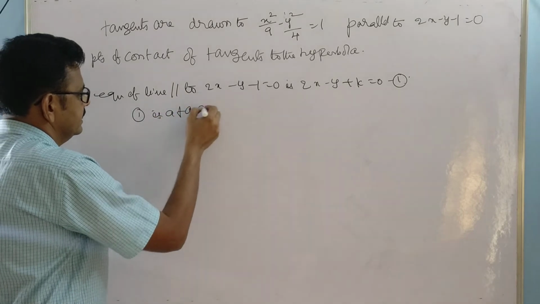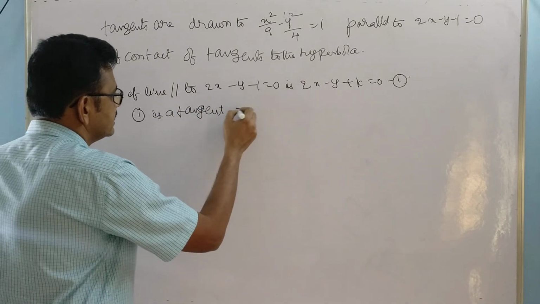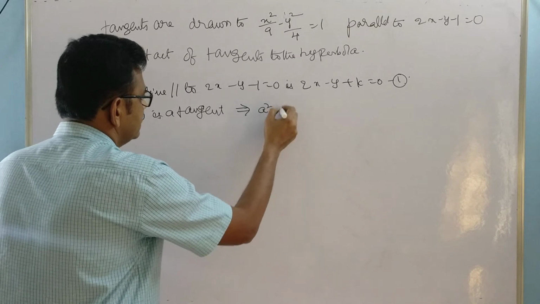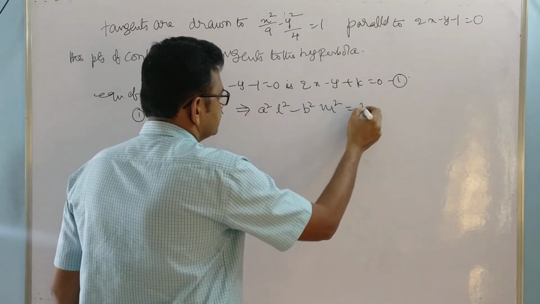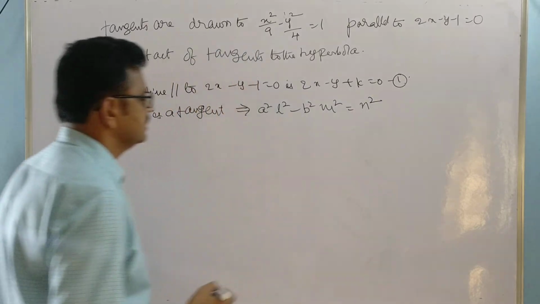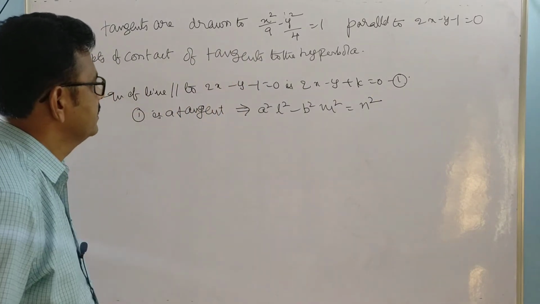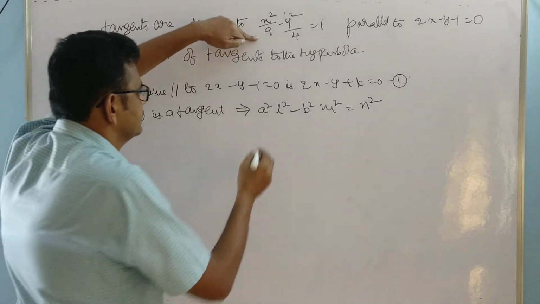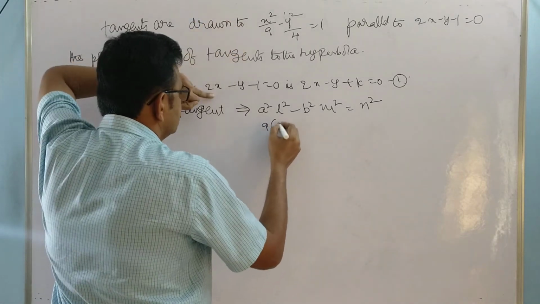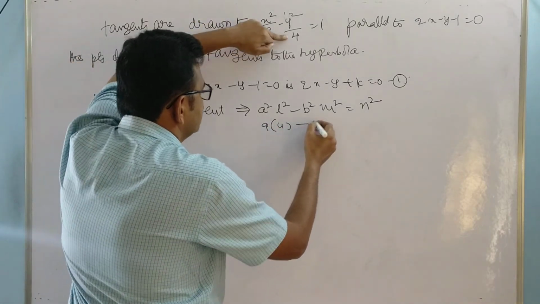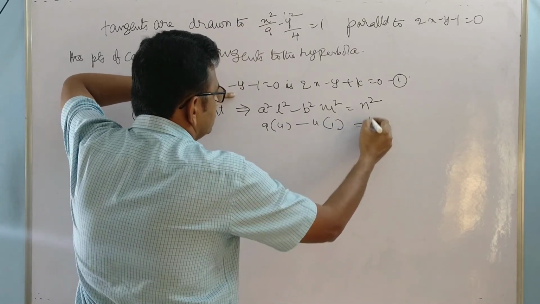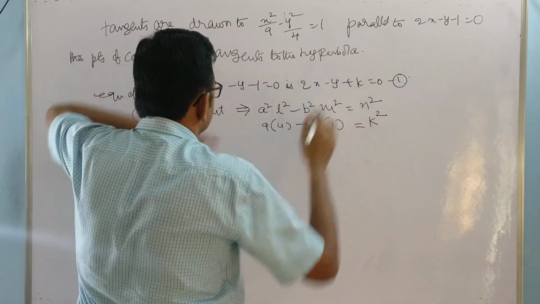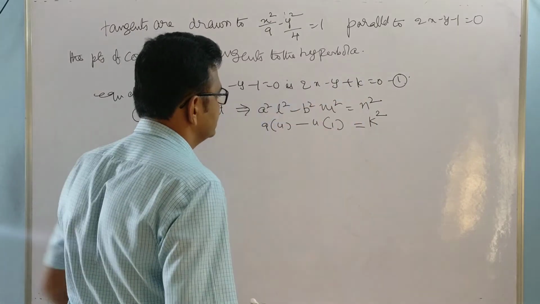The condition for tangent is a square l square minus b square m square is equal to n square. A square is 9, l square is 4, b square is 4, m square is 1, equal to k square.